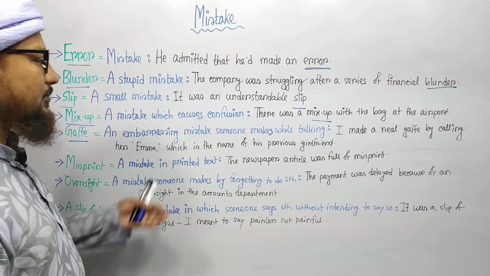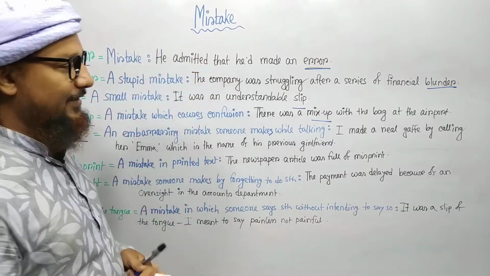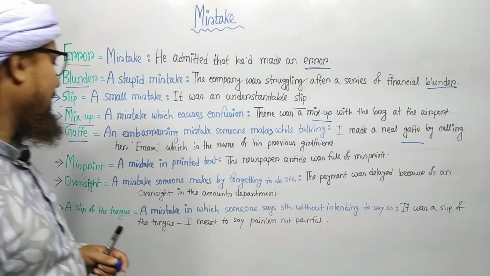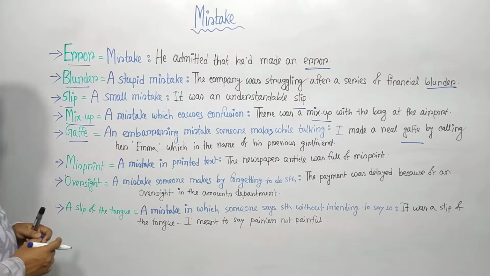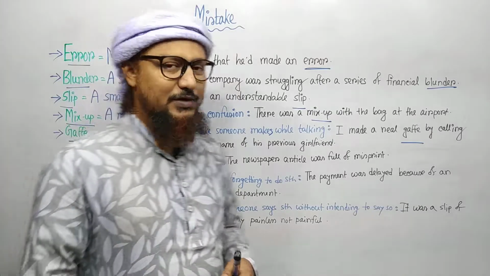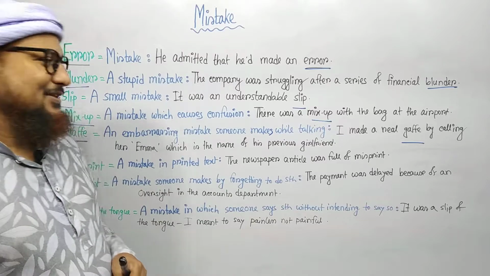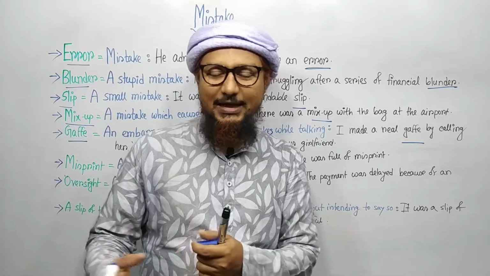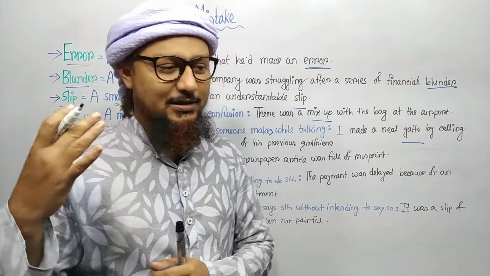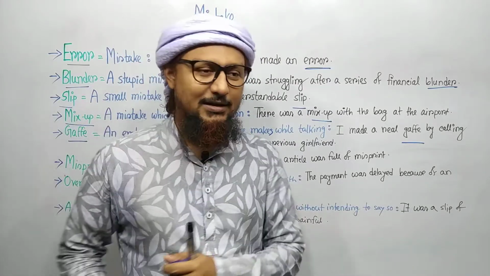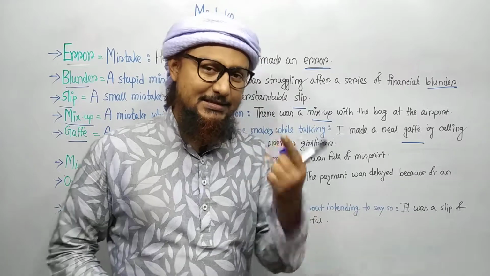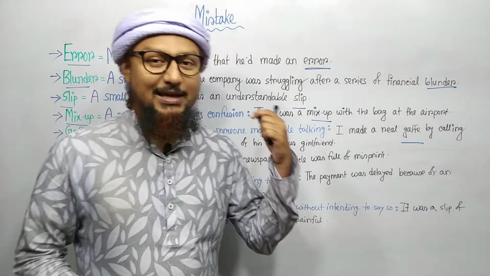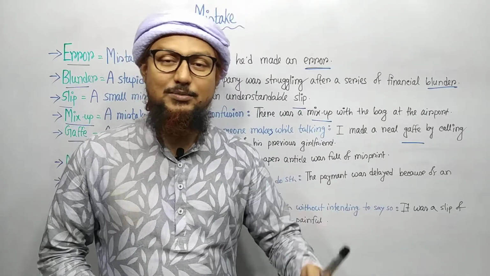An example: I made a real gaffe by calling her Emma, which is the name of his previous girlfriend. So you were talking to your friend, and his girlfriend is also there, and accidentally you called his girlfriend Emma, but Emma was his previous girlfriend.